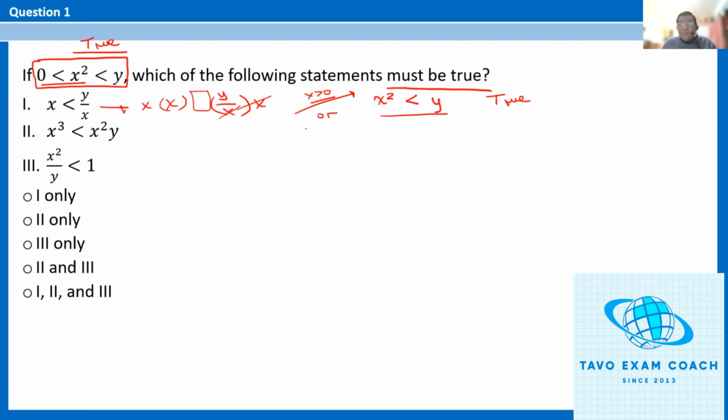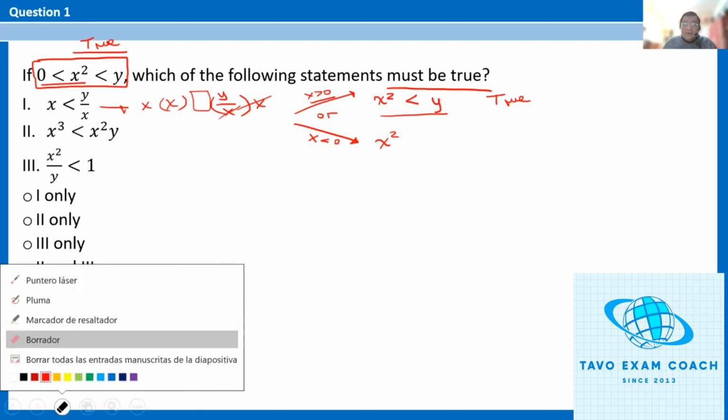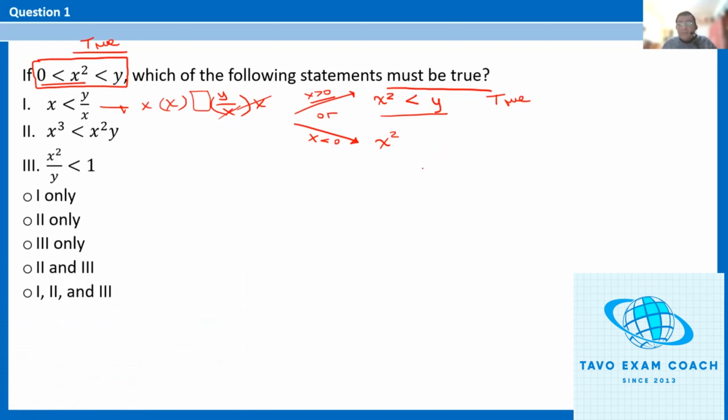We have another possibility when you multiply both sides of the first inequality by x: the fact that x can be negative. If x is negative, we multiply by x on the left side and on the right side, and we get exactly the same thing, x squared and y. But the inequality symbol in this case will be inverted.